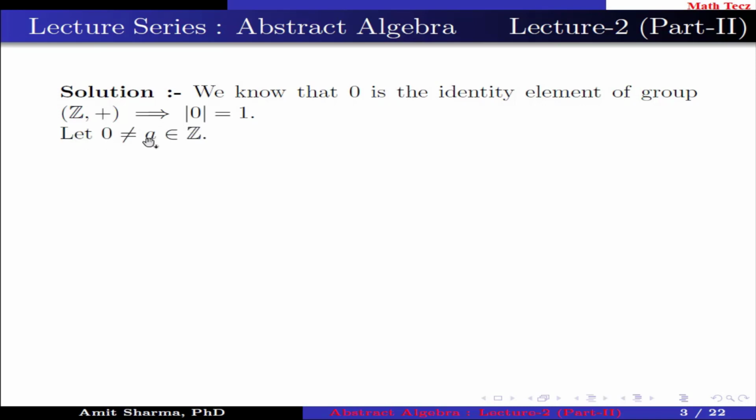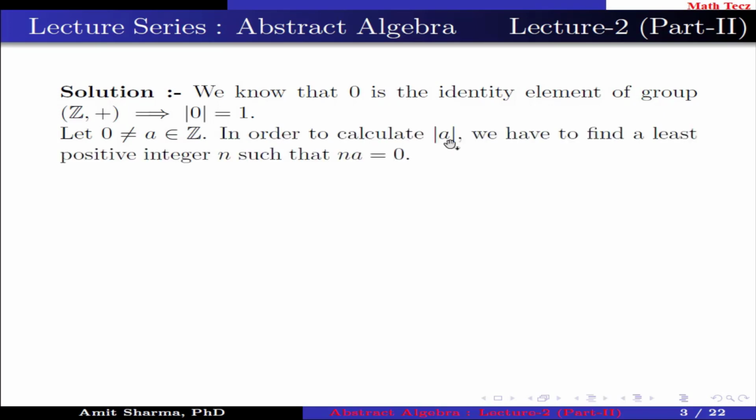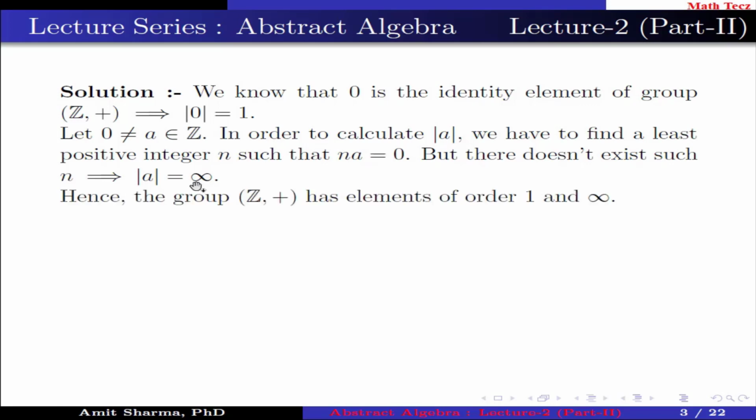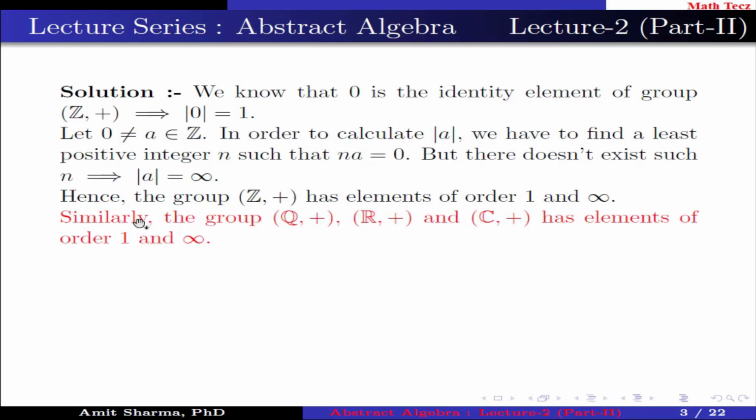Let a not equal to 0 belong to Z. In order to calculate the order of a, we have to find a least positive integer n such that na equals 0, but there does not exist such n, implies order of a is infinity. Hence, the group Z under addition has elements of order 1 and infinity. Similarly, the groups Q under addition, R under addition and C under addition have elements of order 1 and infinity.